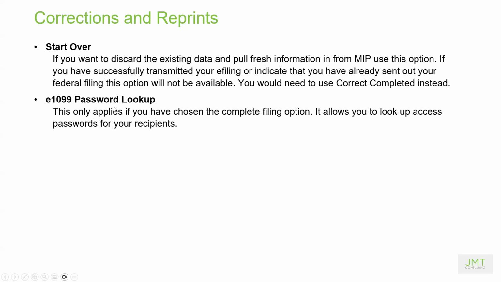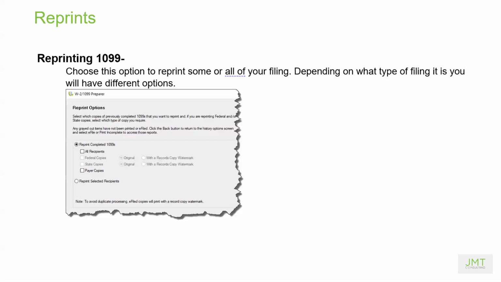And the E1099 password lookup only applies if you've chosen the complete filing option. So if you chose that to have Atrix do everything, that's when you have this option. It allows you to look up all of the access passwords for your recipients because you're kind of their administrator. Okay, so that's what that is.